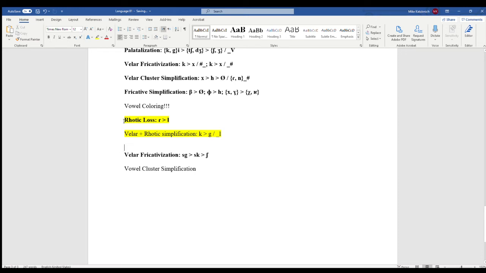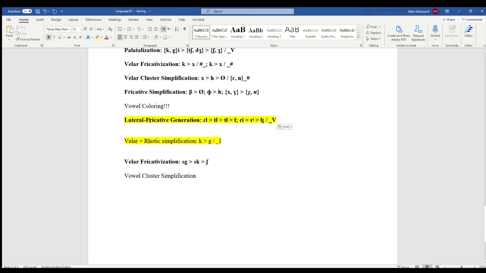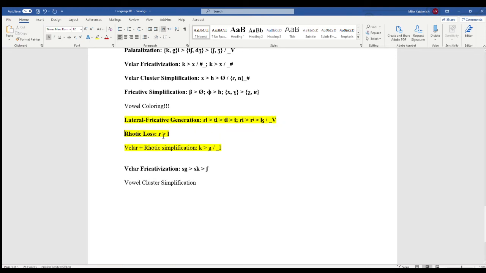But this rule needs to show up over here so that RL, this should be actually that kind of an R. Yeah. Then my R's can become L's. Then velar rhotic simplification.